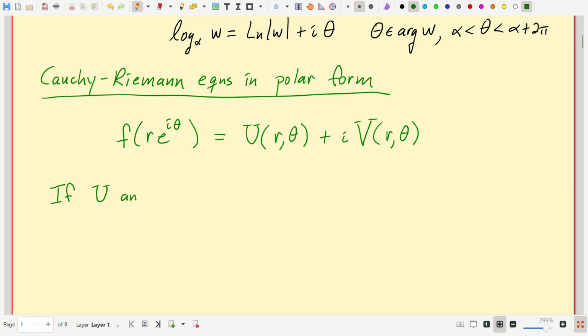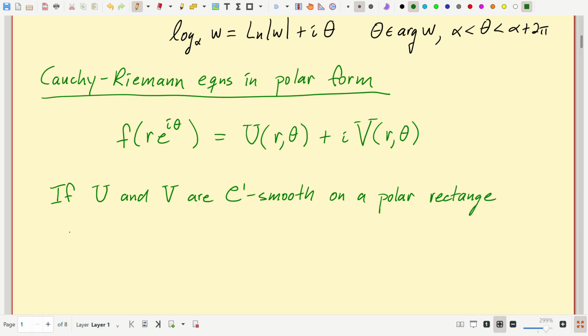If U and V are C1 smooth on a polar rectangle, let's see, what's a polar rectangle?